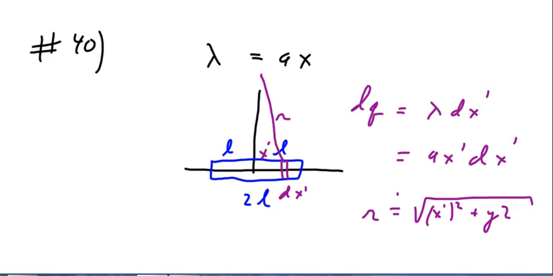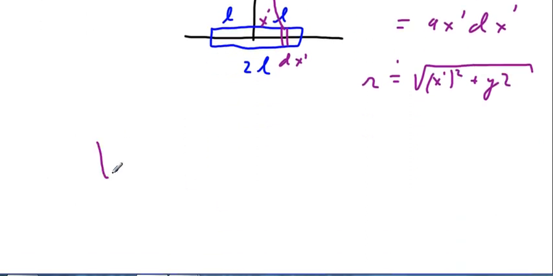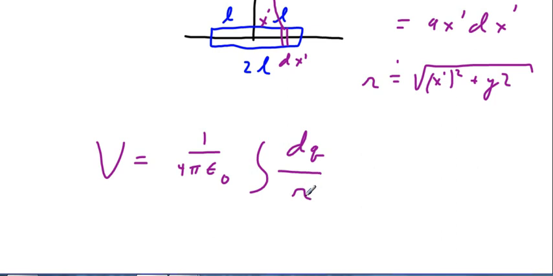Then the voltage is equal to 1 over 4 pi epsilon naught integral of dq over r.